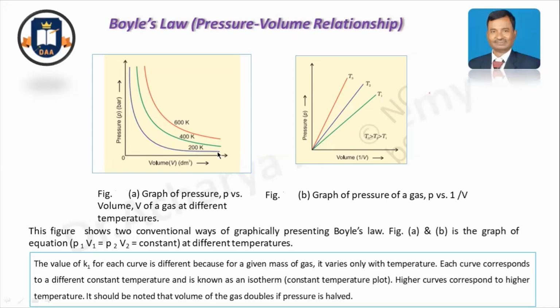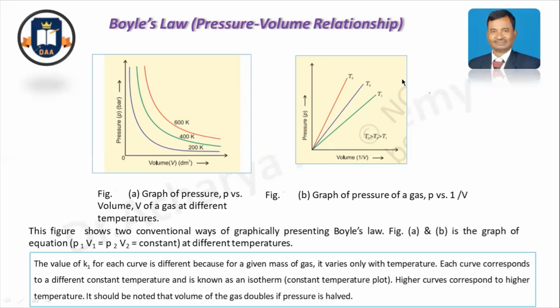With the increase of temperature, at 400 Kelvin the curve is above the 200 Kelvin curve, and similarly when the temperature is 600 Kelvin, the pressure-volume curve is also above the 400 Kelvin curve.